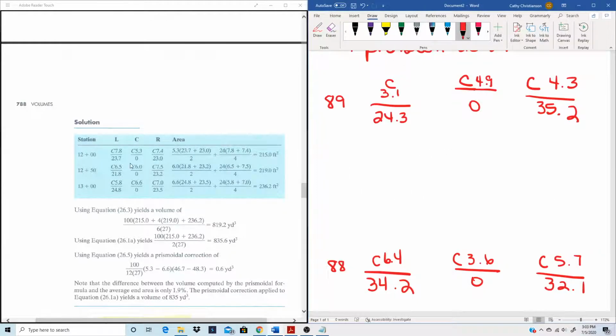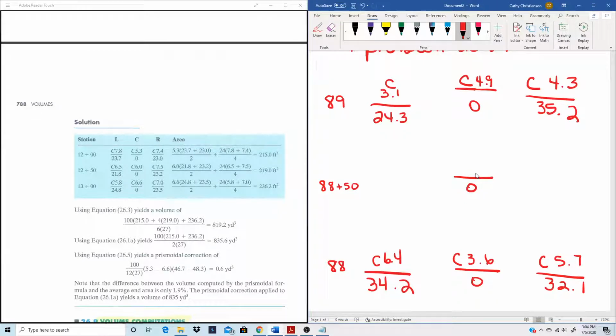Because like here they gave it to us, this time they didn't give it to us. So we've got to determine what the cross sections would be in the middle. So what you're going to do is take an average. I'm going to start with the center one. So this is going to be 88 plus 50. If it's 0, I'm going to take an average of the 4.9 and the 3.6.